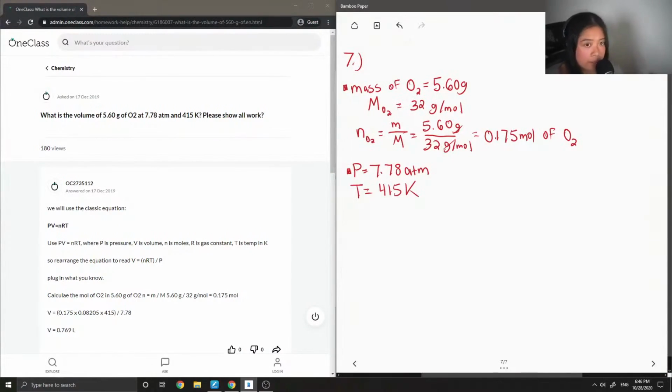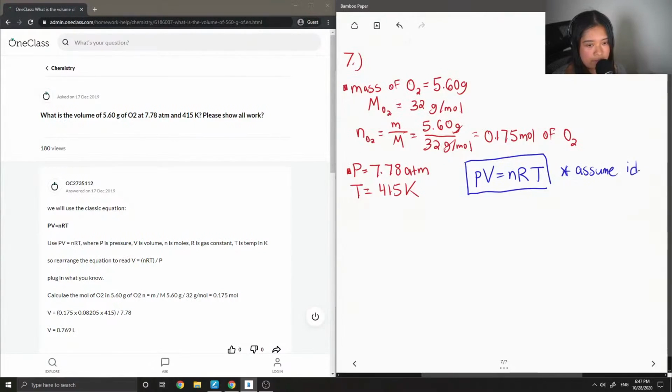And then the equation that we want to use is PV equals nRT. So this is a very commonly used equation. It's for ideal gases. Doesn't say in the question, but we are going to assume that it is an ideal gas, and it's just like oxygen.